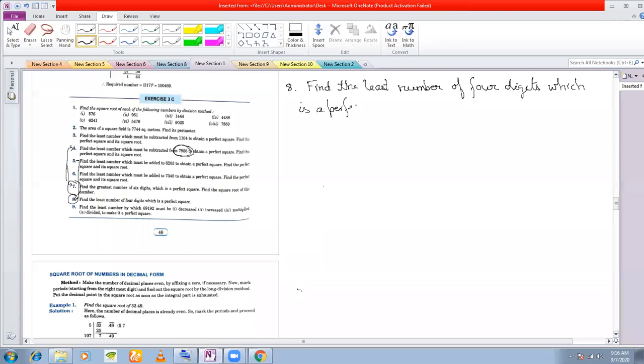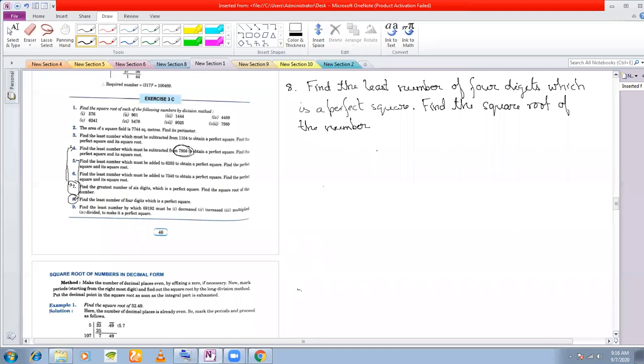And the second part: find the square root of the number.